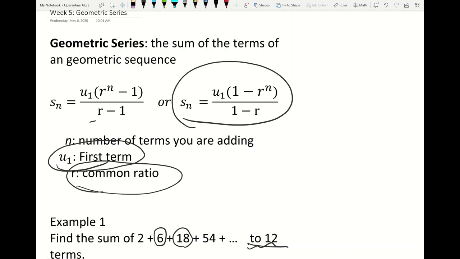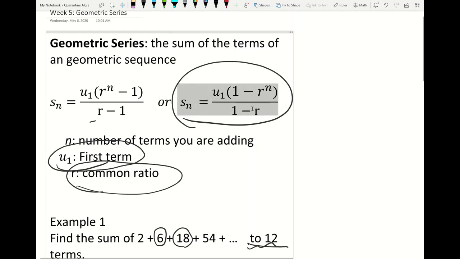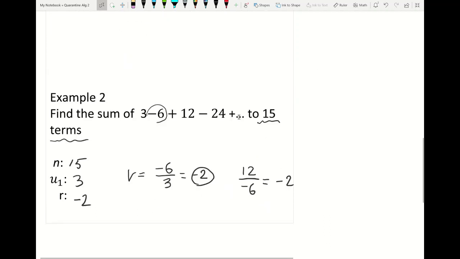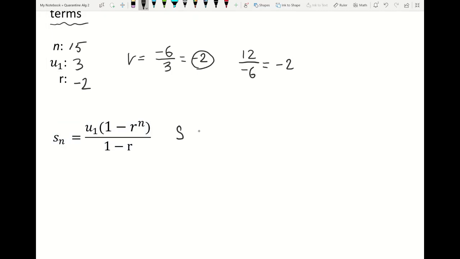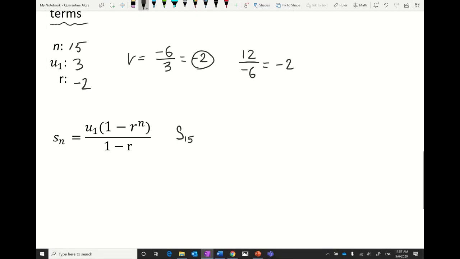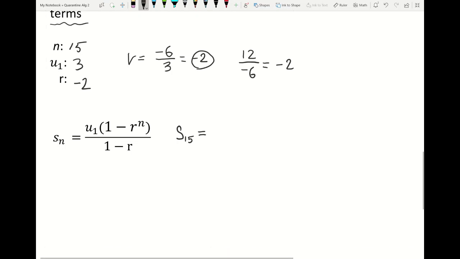Okay, so let's copy that. So here we have S sub 15. So we're adding 15 terms equals, what's U1?